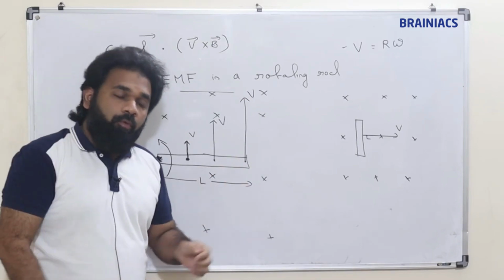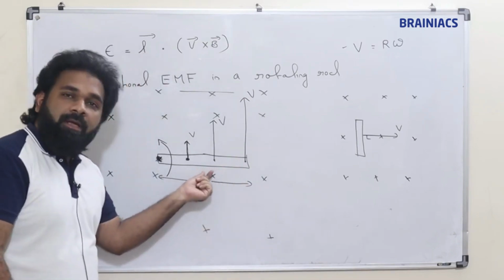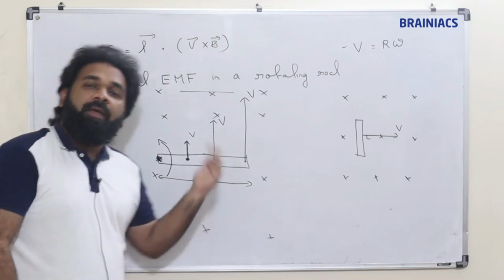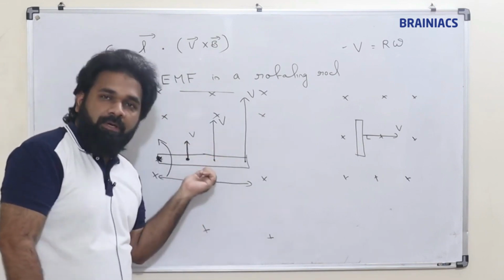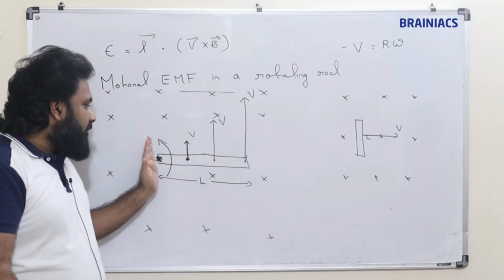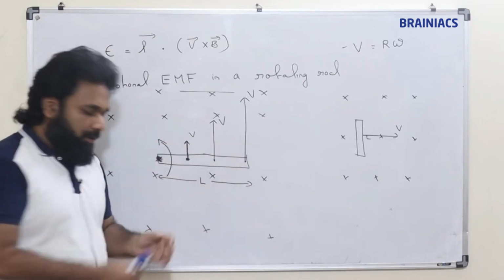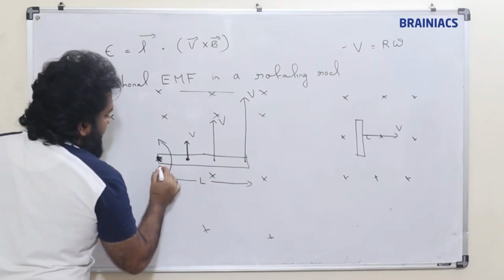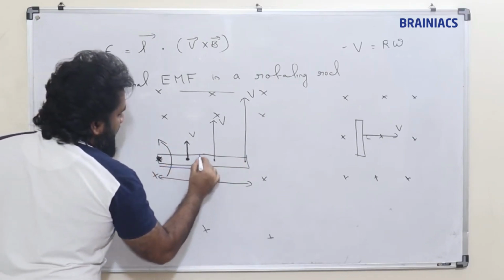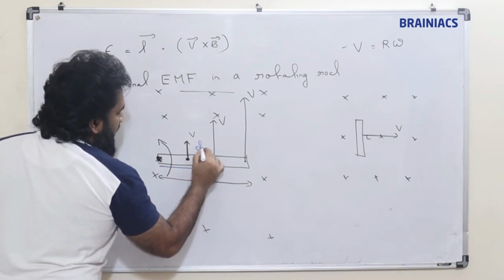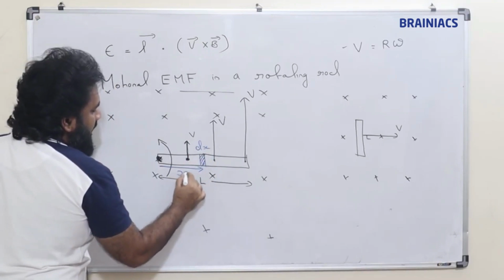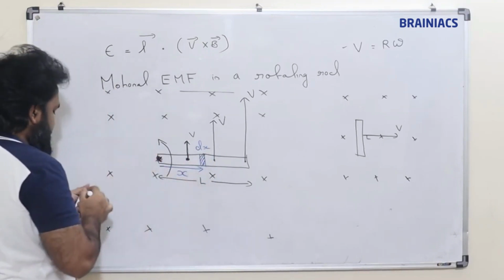So what shall we do? We will consider a small distance here. We will find the EMF for that small distance and integrate from this end to this end. So I consider a small length here. This length is dx, situated at a length x from the hinge.